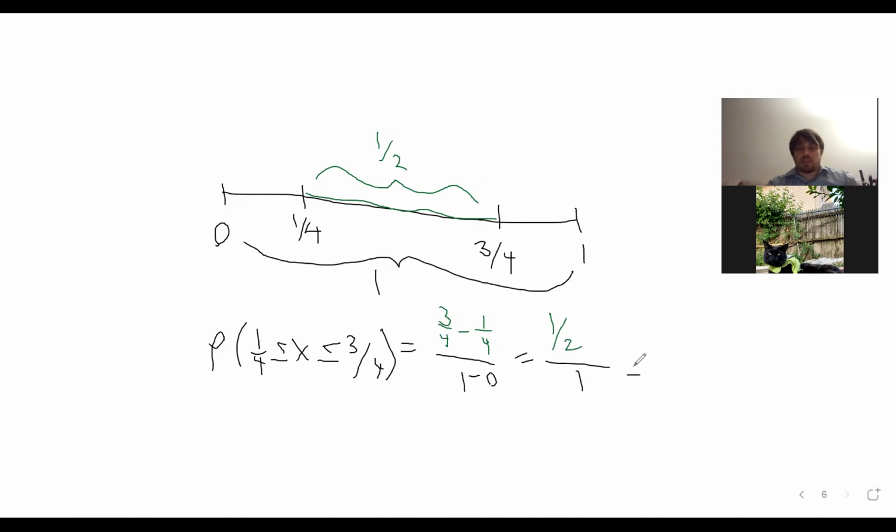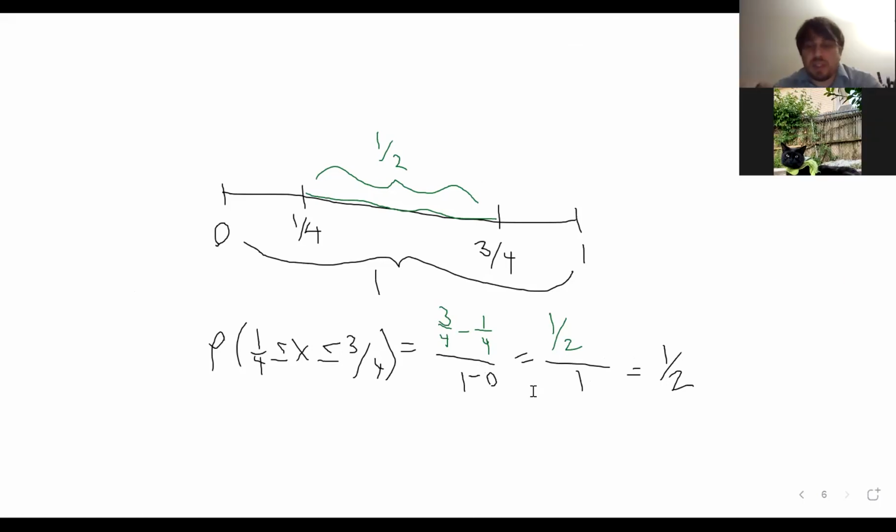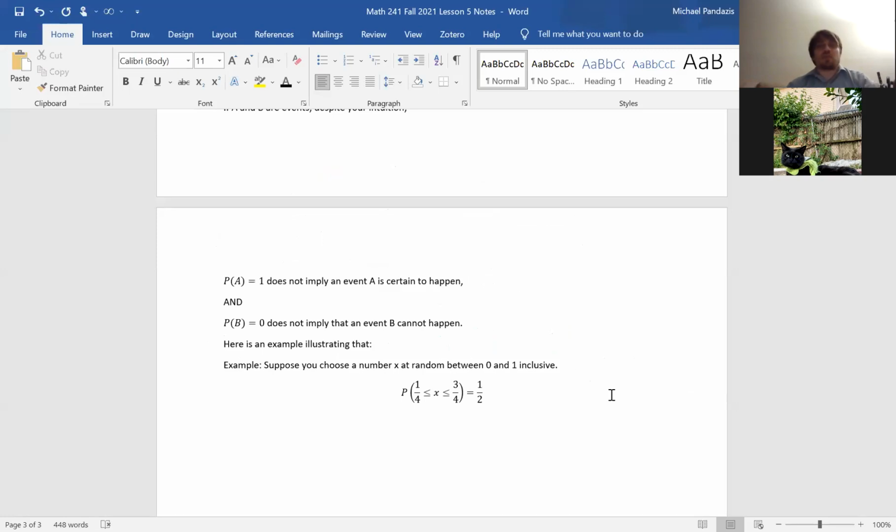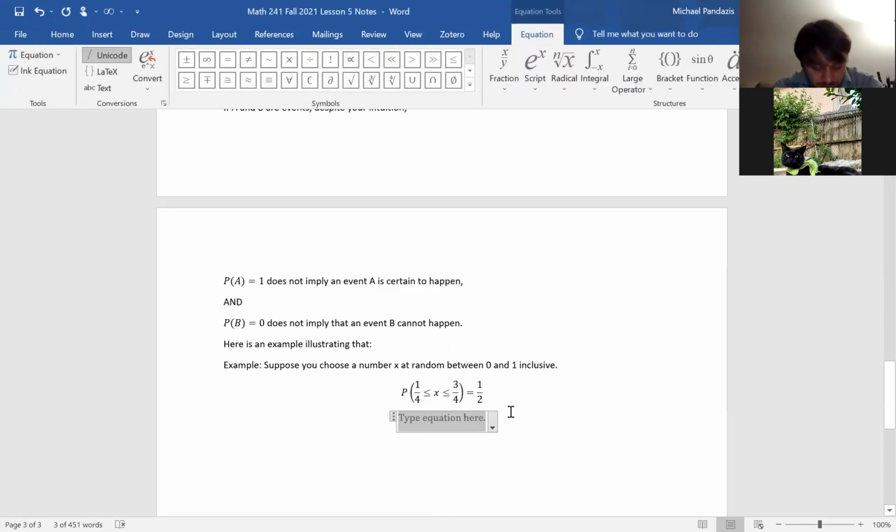So 1/2 divided by 1 is 1/2. So the probability that X is between 1/4 and 3/4 inclusive is 1/2. It takes up half the total space in the unit interval, right? So that makes sense intuitively. If you choose a number at random, the probability that it's between 1/4 and 3/4 inclusive, if you can only choose in the unit interval, is 1/2.